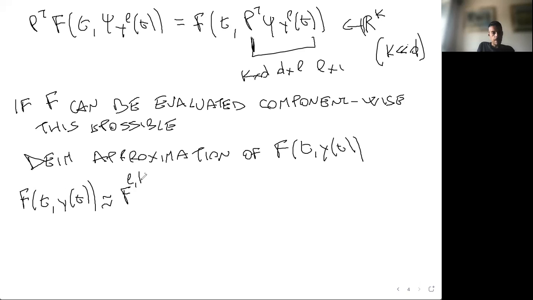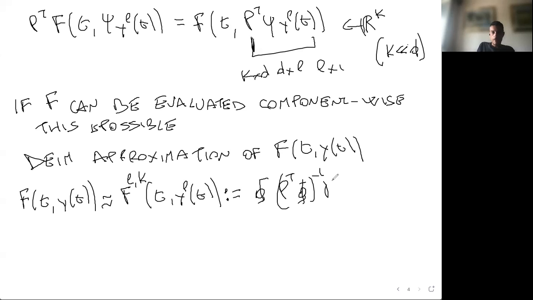I'm going to call it f_{L×K}. So L is the number of POD bases, K is the number of DEIM bases. This is going to be Φ (Pᵀ Φ)⁻¹ f(t, Pᵀ Ψ y_l(t)).